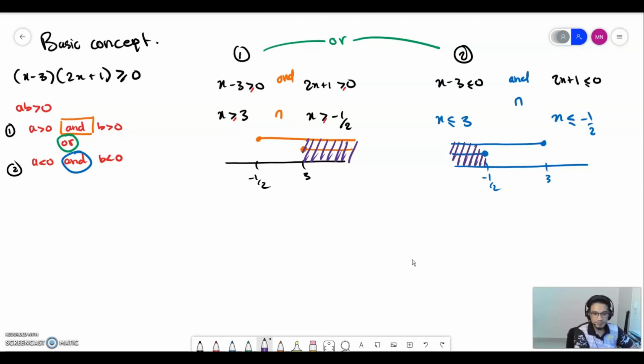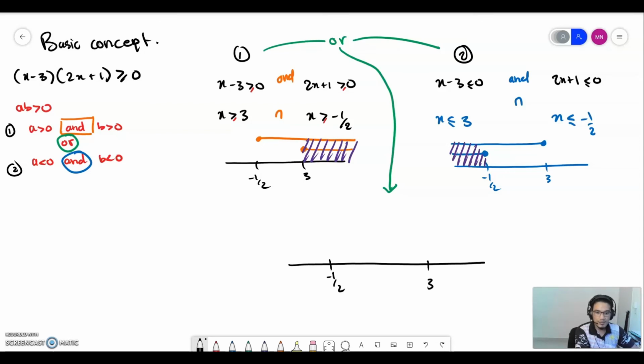Okay, so now we combine it together with the relationship of OR. We bring OR down here. So we combine. We have negative 1 over 2, and we have 3. Okay, so we have a region shaded from the first part.